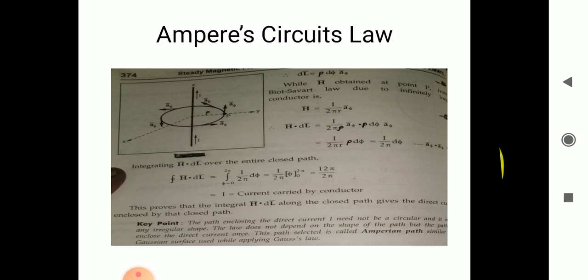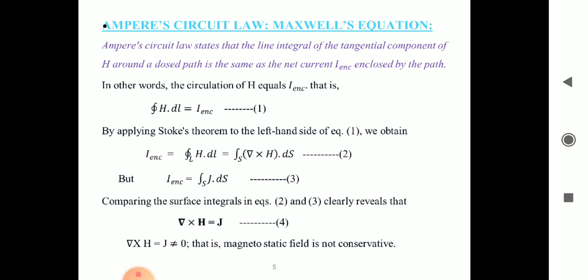Now let us derive Maxwell's equation from Ampere's circuital law. We know that Ampere's circuital law states that the line integral of the tangential component of H around a closed path is the same as the net current enclosed by the path.